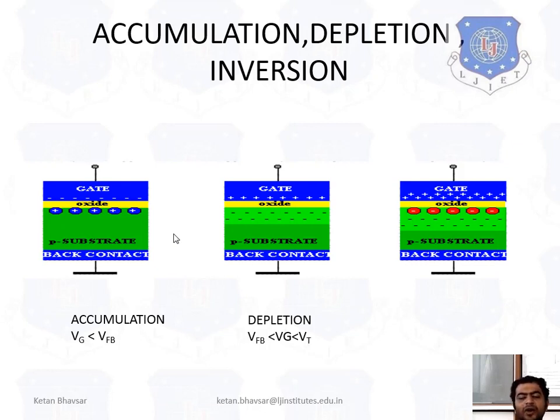But what you see is that the holes near the surface go away from the gate terminal, and the electrons near the gate terminal are repelled back inside the substrate. So you can see here it's creating a positive charge near the terminal, and here you can see the negative charge near the substrate. So it creates a depletion region near the surface.